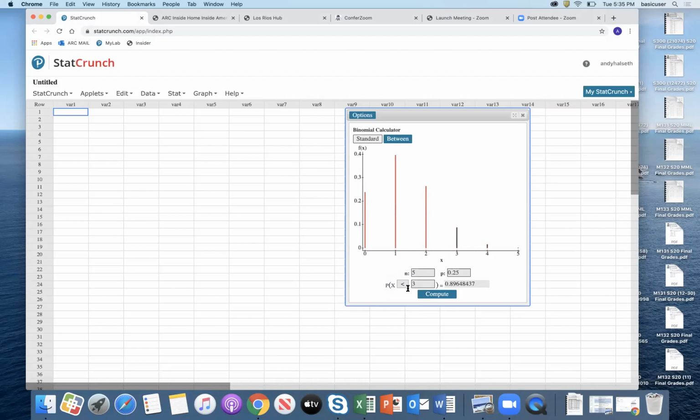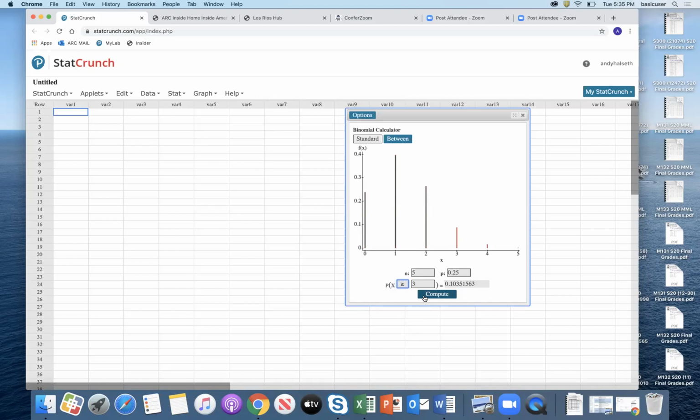More than 3, just flip that around, 0.016. At most 3 was less than or equal to 3, 0.984. 3 or more, that was the same as at least 3, so that's still the 0.104.